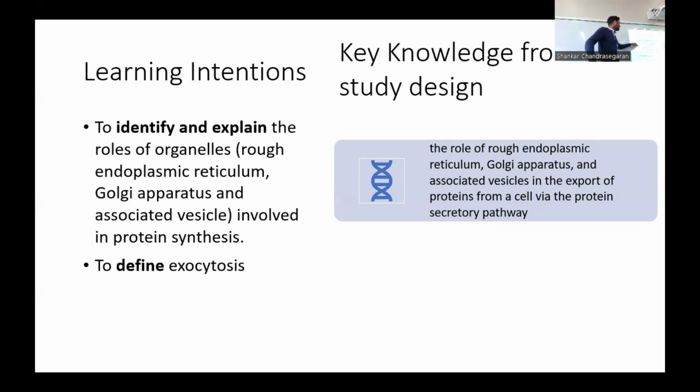But these organelles, like rough endoplasmic reticulum, Golgi apparatus, and the vesicles associated with it, are the key organelles that need to be functional for a protein to be made. Okay, so under your study design, you guys are expected to know the role of your rough endoplasmic reticulum, your Golgi apparatus, the associated vesicles, and how they work together to get a protein molecule from the ribosome as a polypeptide chain all the way to the outside of the cell where it will actually serve a purpose.